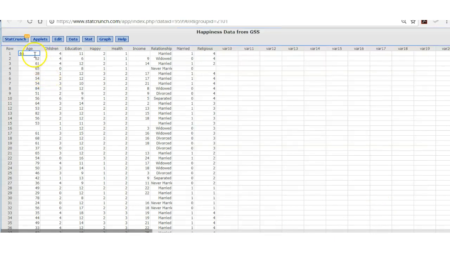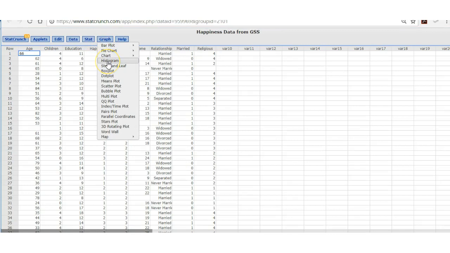One more thing that I want to show you: sometimes you have quantitative data that you want to split up by different categories for another variable. So sometimes you have a quantitative variable and a categorical variable that you want to look at at the same time. Let's say that we're trying to look at the ages of these respondents, how that connected to how they answered the happy question.